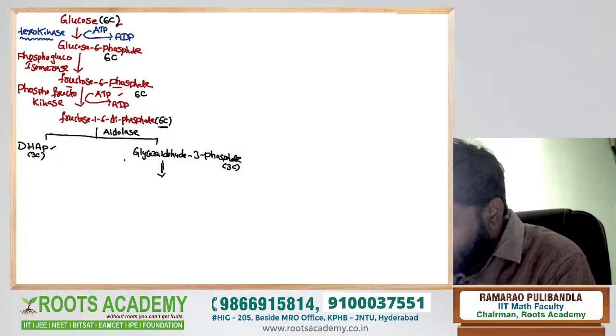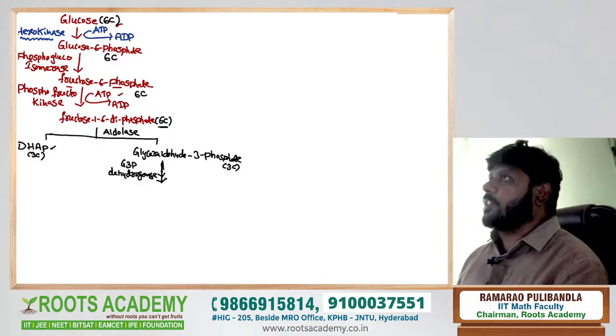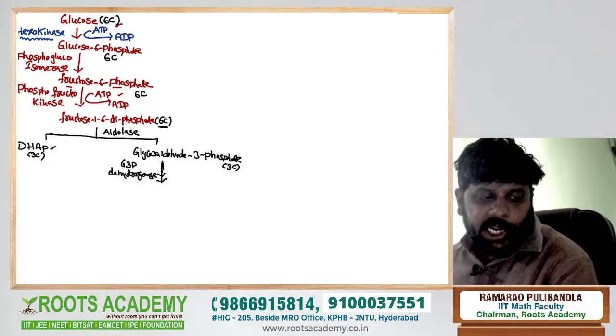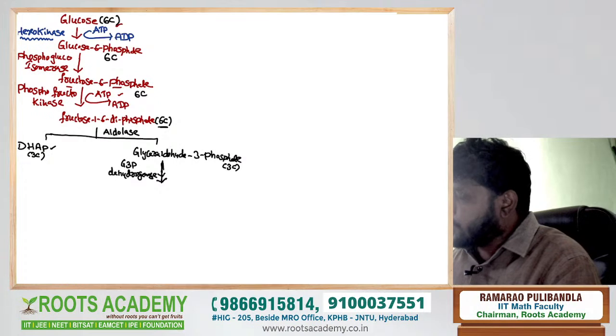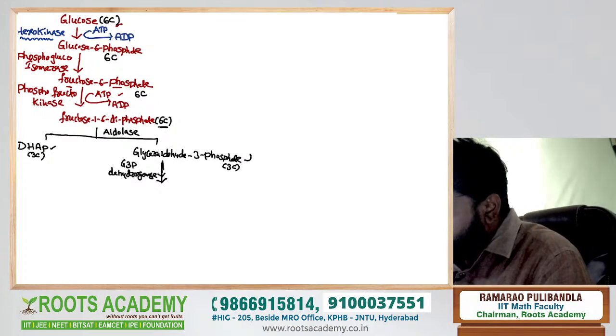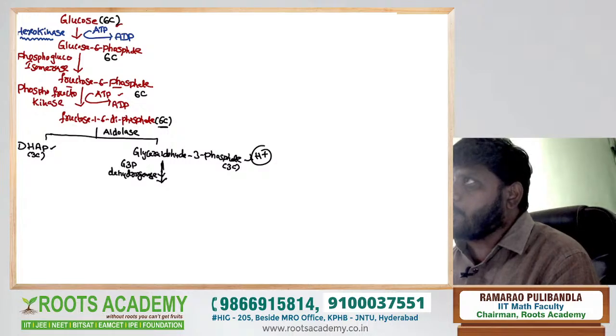And see, listen, in case of the enzyme glyceraldehyde 3-phosphate dehydrogenase. What is the enzyme name? Glyceraldehyde 3-phosphate, G3P, glyceraldehyde 3-phosphate dehydrogenase enzyme. See, it removes the hydrogens from glyceraldehyde 3-phosphate.